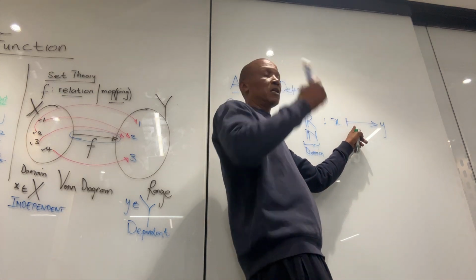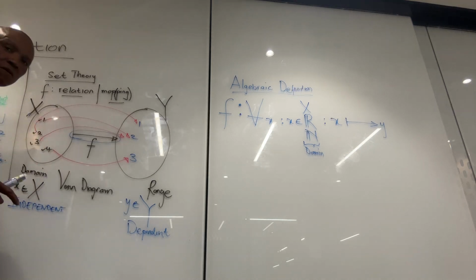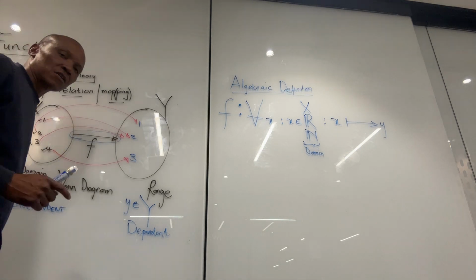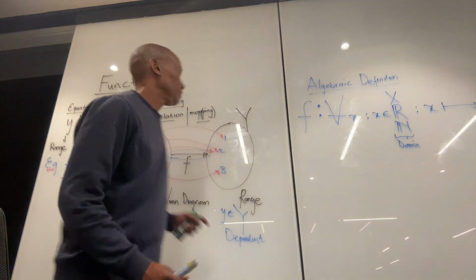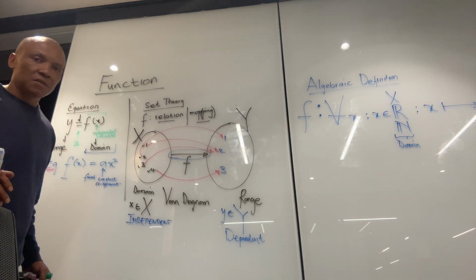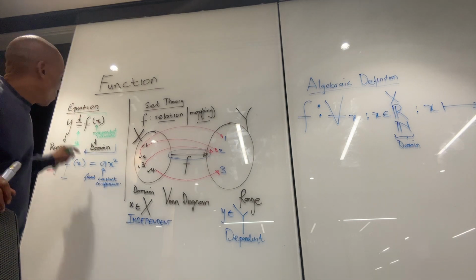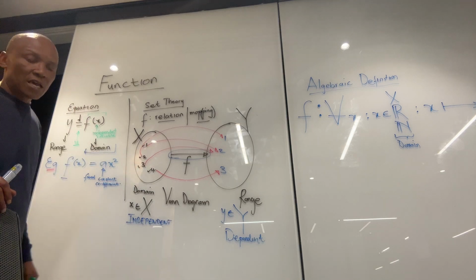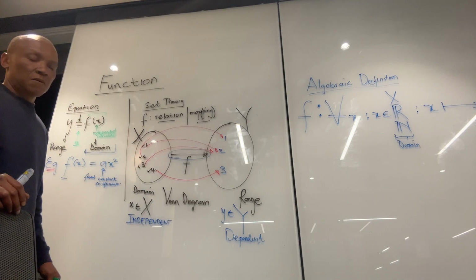When I see an arrow, I think of the word map or relation instead of a function. When I think of function, I choose to write it this way, as y is equal to f of x. If you can still see that board. As y is equal to, because I'm using the word function, but I mean relation. Y is a relation in terms of x. Y is a mapping in terms of f, in terms of x. Y is a function in terms of x.